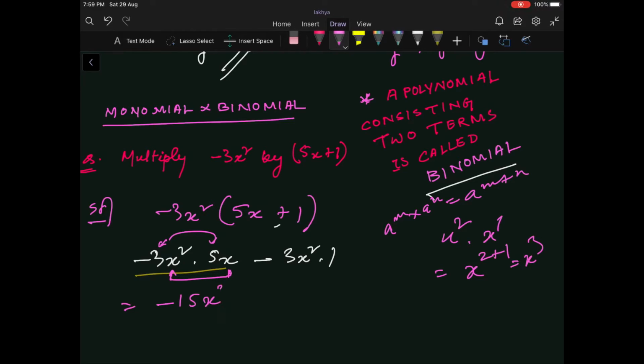So it is x cube. Then minus 3 into 1, that's minus 3 into x square is there. Okay, so that is our result. That's how we can multiply a monomial with a binomial. So this one is monomial and this one is binomial. Okay, so hope you have understood.